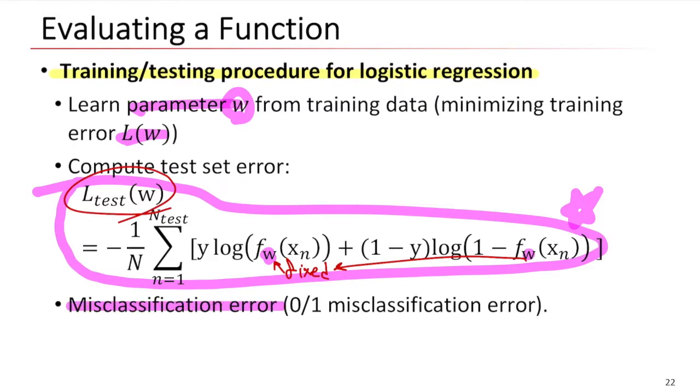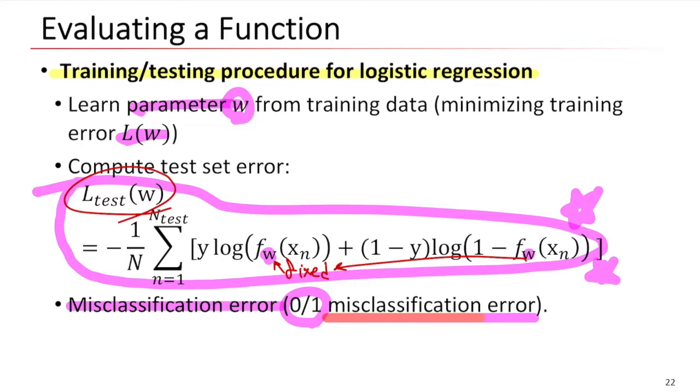Or there is an alternative way, which is to use the misclassification error. Rather than using this one, we can compute the misclassification error as 0 or 1, positive or negative. Let's see an example. The test label y of sample 1 is class 1, and y of sample 2 is class 0.